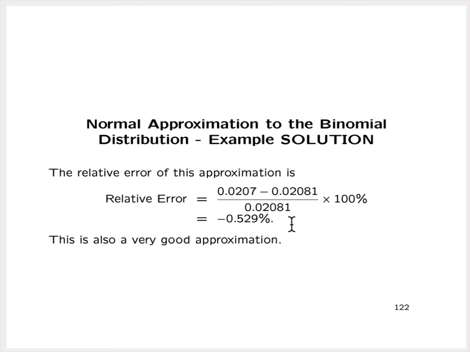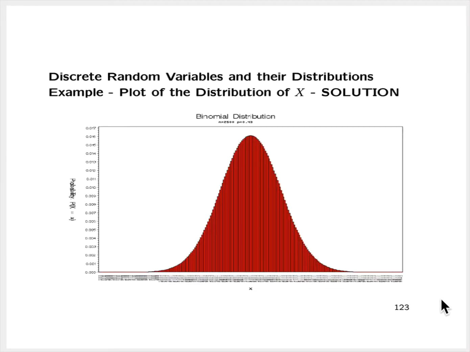So in this example, we used the continuity correction factor right off the bat, and we got very good approximations. And the reason that the approximations are so good is not only because we're using the continuity correction factor, but because this is the true sampling distribution of X in this situation.